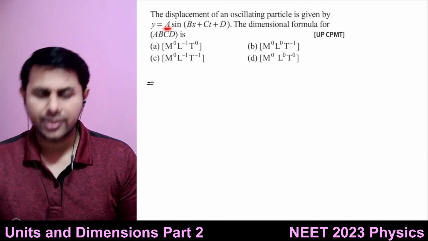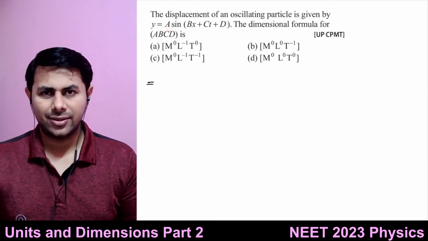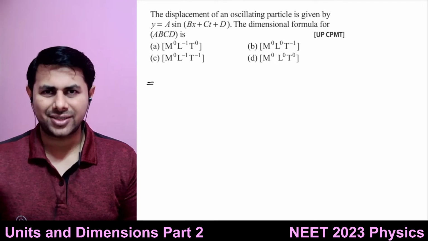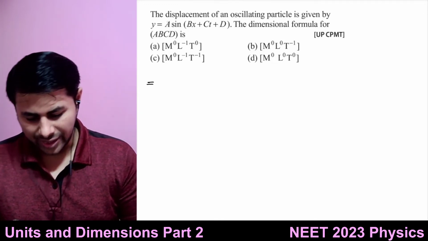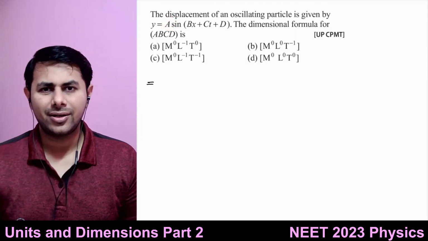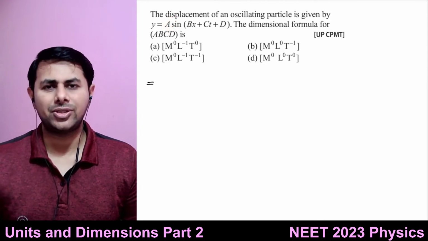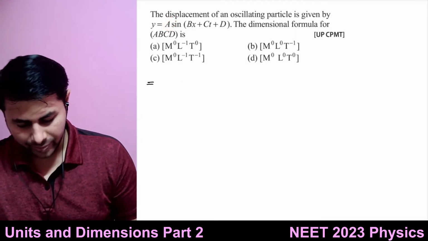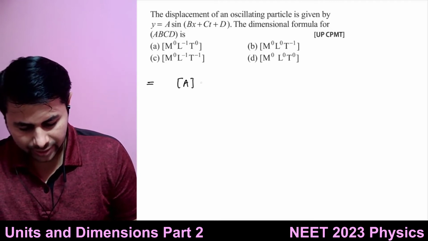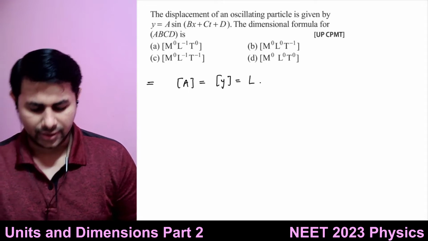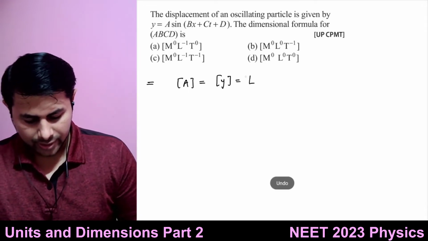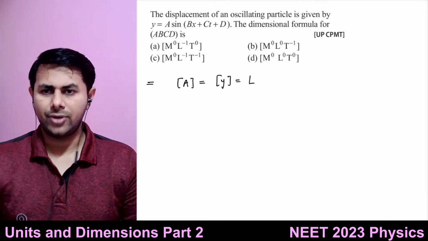So this a on the right hand side, which holds all the dimensions, has to be length only. So dimensions of a equal dimensions of y, and that's equal to L. You got this, everybody?